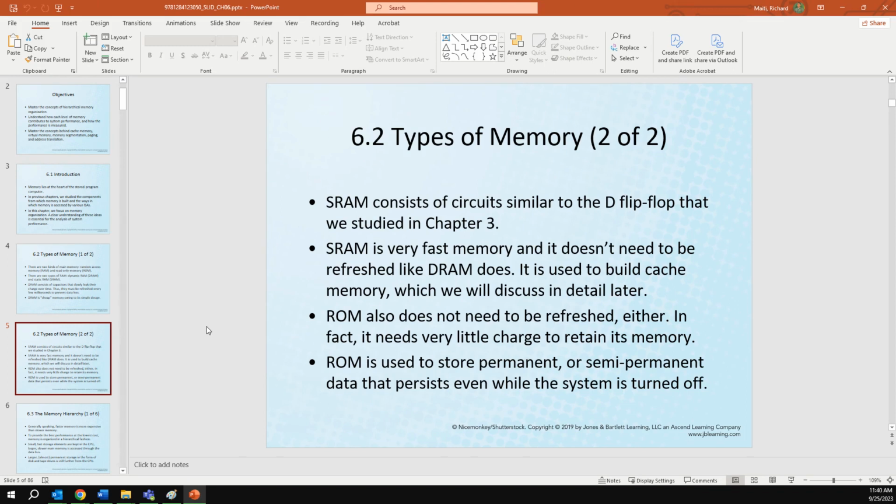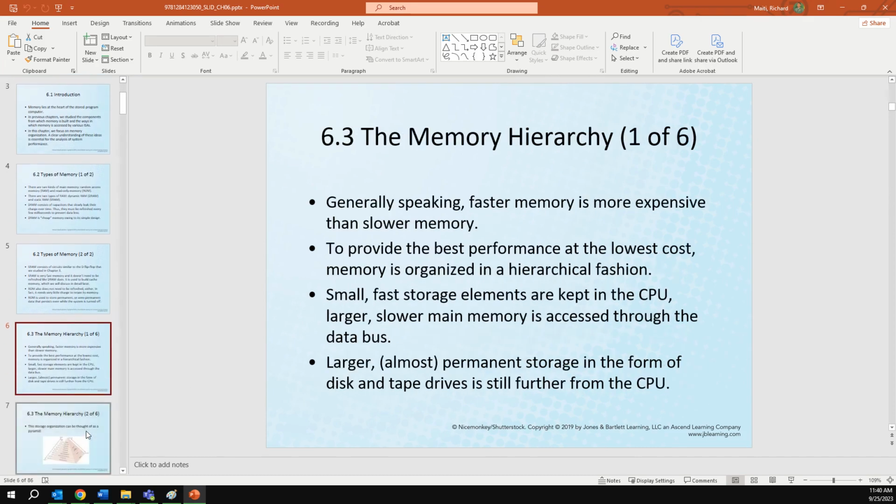So SRAM, you can think of it as very fast memory. ROM doesn't need to be refreshed. ROM is used to store permanent or almost permanent, semi-permanent data.